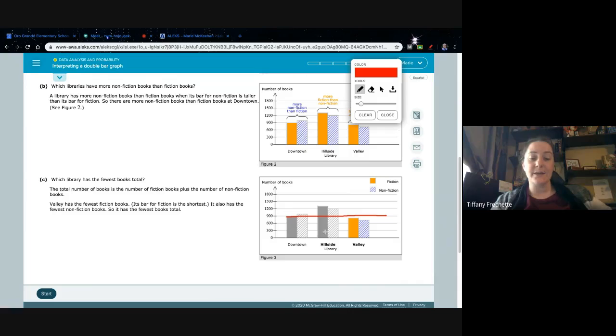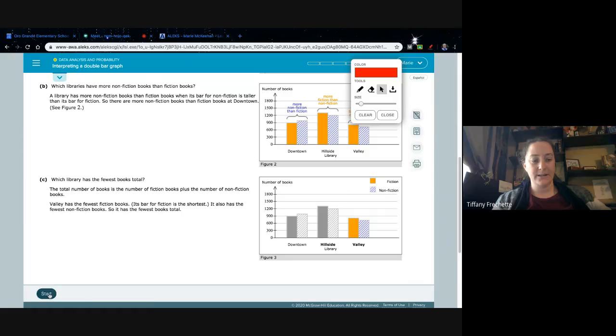We may have to estimate on one of the pages if they're close enough and we can't just see it really quickly. But because these 2 are both below even one of the bars, that's going to tell me that these 2 added together are going to be more than these 2. And these 2 are definitely more than either one of these because they're both quite a bit taller than both the bars. So we would go with Valley on that one.